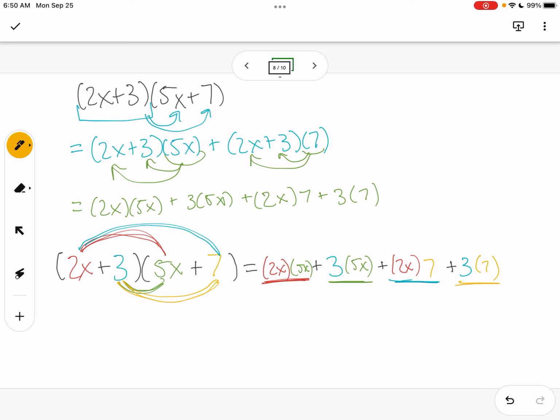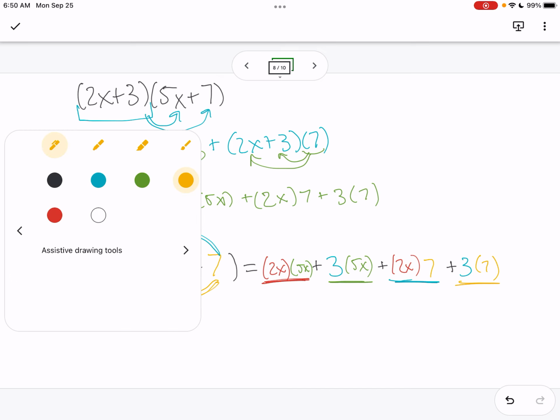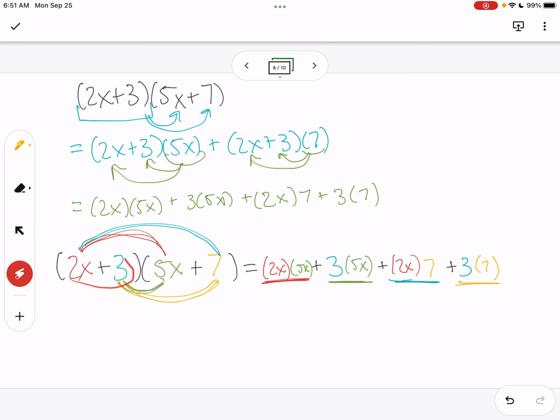So if we're given two binomials, these are called binomials because bi means 2. We have 2 terms. 2x plus 3, 2 terms. 5x plus 7, 2 terms. When we're multiplying two binomials, we can just multiply the first terms, the outside terms, the inside terms, and the last terms.